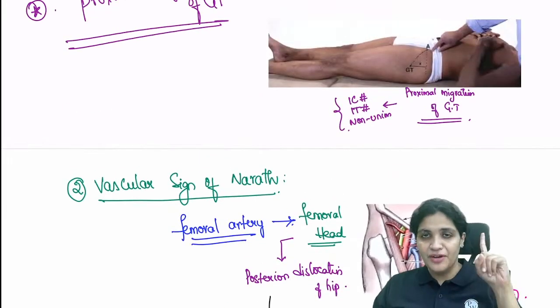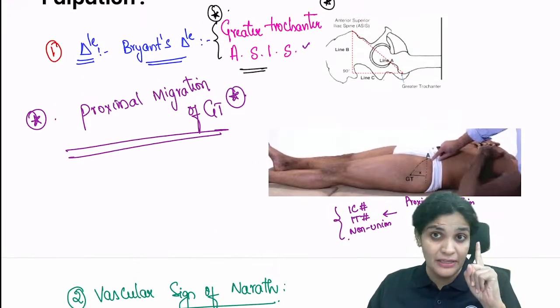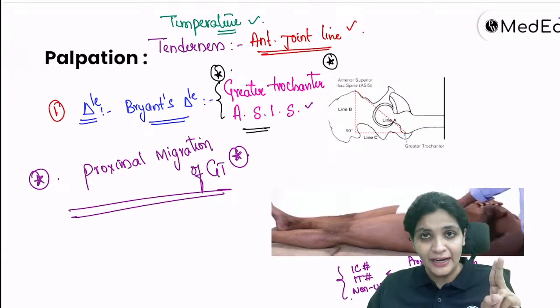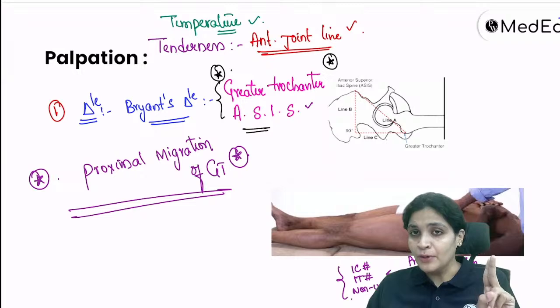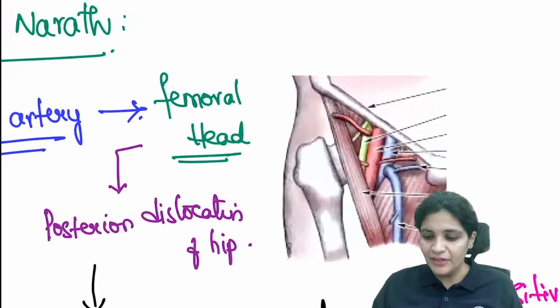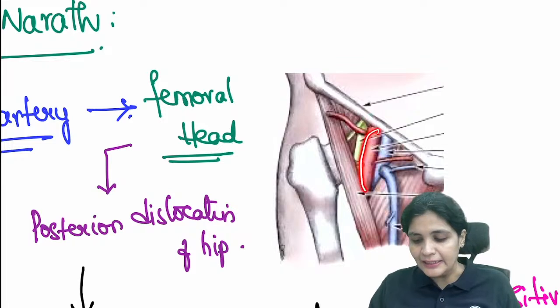The second point. So the first one is the attitude, which they would usually ask in the exam, and then they will ask you about the Bryant's triangle, that is the proximal migration of the GT, and to document the proximal migration of the GT. We have learned that. And the third point I'm teaching you is the vascular sign of Narath, where we feel this femoral artery in the femoral triangle, which is usually felt against the femoral head, right?